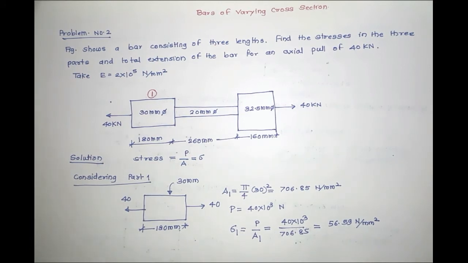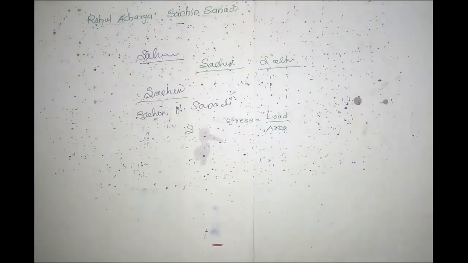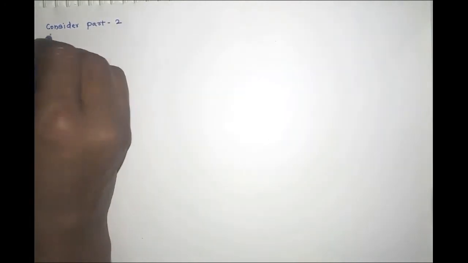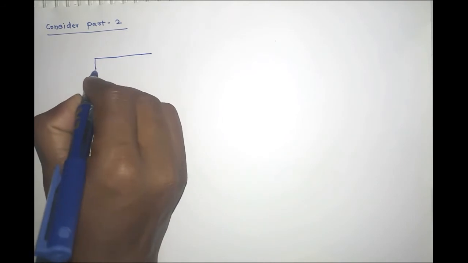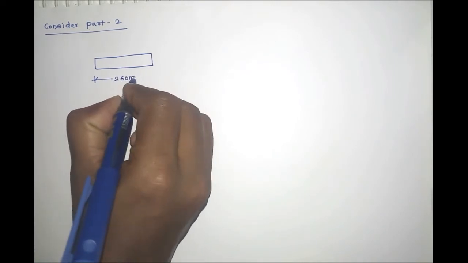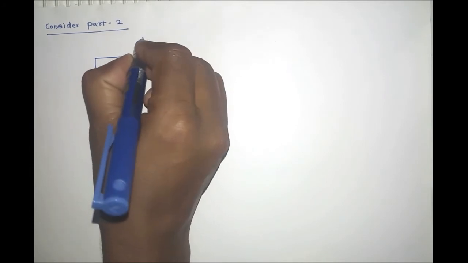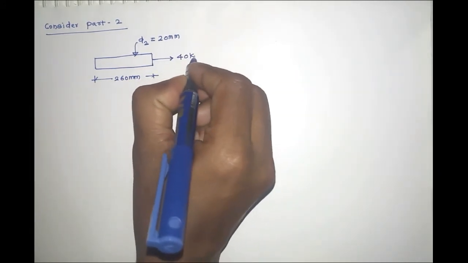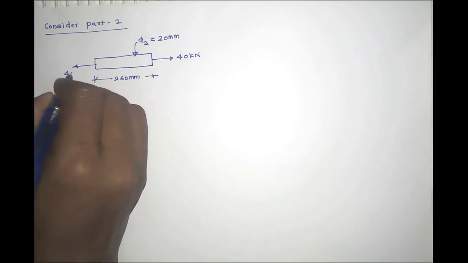Now we will solve the second part. For the second part we have the length as 260 millimeter, the diameter is 20 millimeter, and the force of course will be the same because it is in equilibrium and there are no other forces acting, so the force will be 40 kilonewton on both sides.